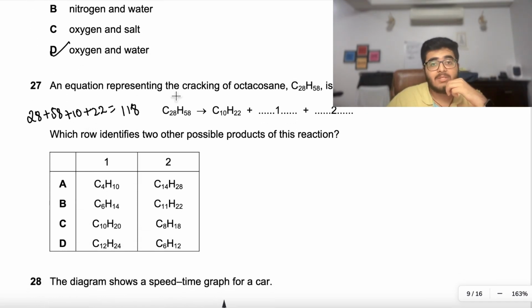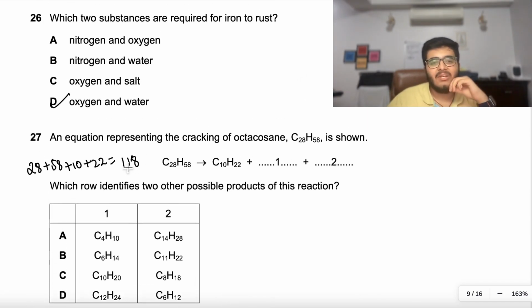Question 27, an equation representing the cracking of octacosane, which is C28H58, is shown. What's happening here is that this molecule is getting cracked. C28H58, so carbon is 28 and hydrogen is 58.